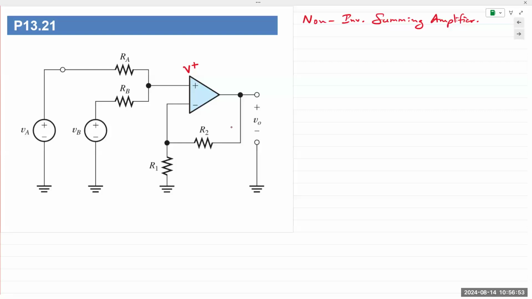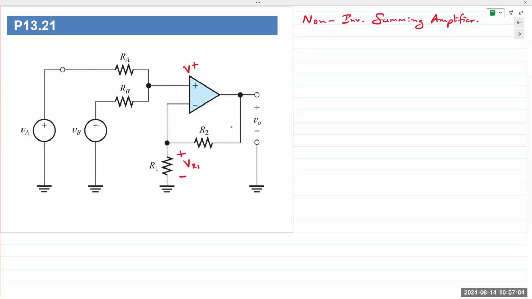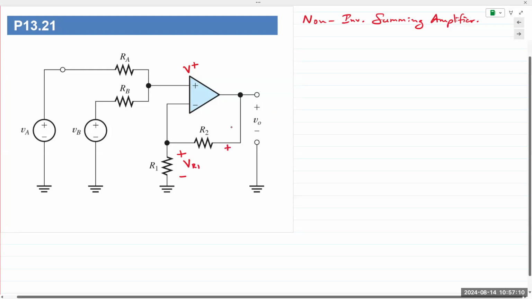So the way you would approach this is, well, we have the output voltage V out, which is right here. The voltage across R1 I'm going to call VR1. Let's assume VR2 has plus and minus this way. So we get VR2.